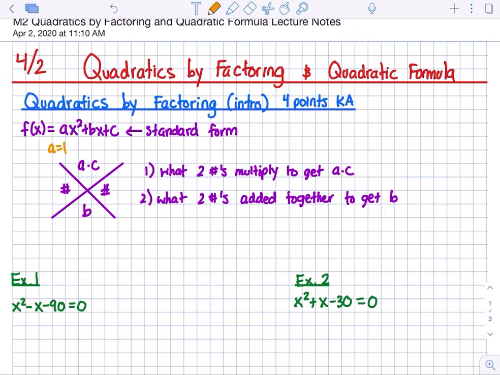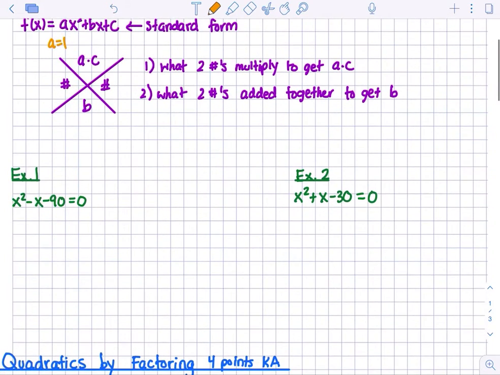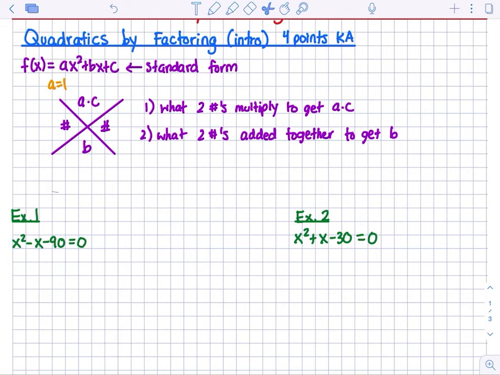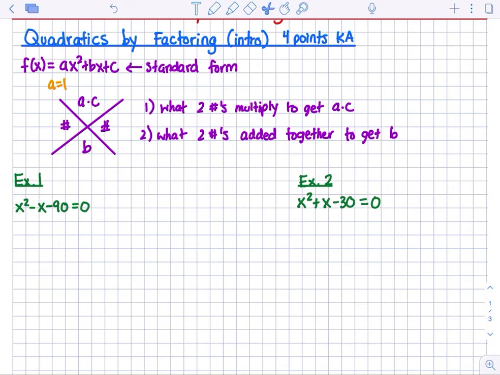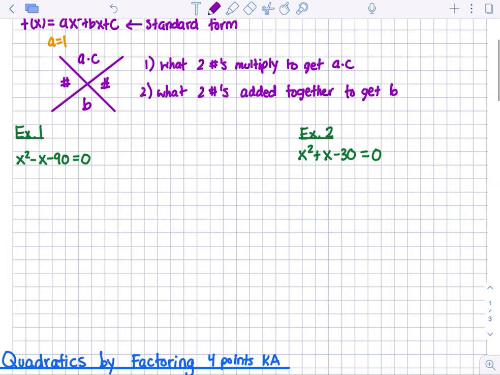Okay, so let's take a look at examples 1 and 2. For example 1, we have that, and what we're going to do is factor this right now. So let's use purple. The a value is 1, your b value is -1, and your c value is -90.